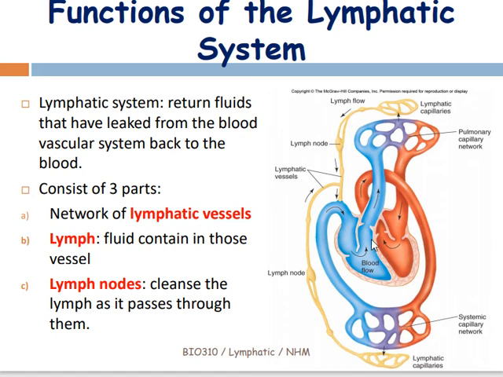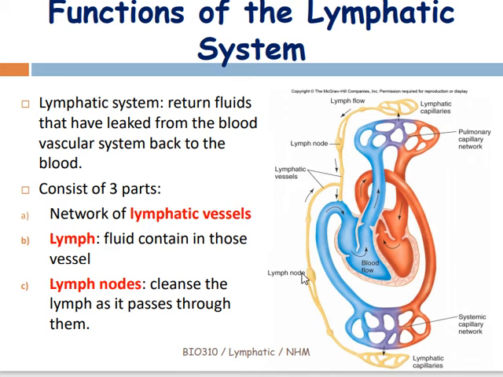And the lymphatic system consists of three important parts. The first one is the network of lymphatic vessels, as you can see here. The second one is the lymph, which refers to the fluid inside these vessels.